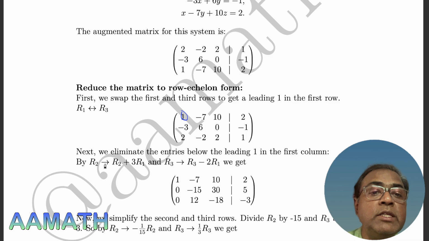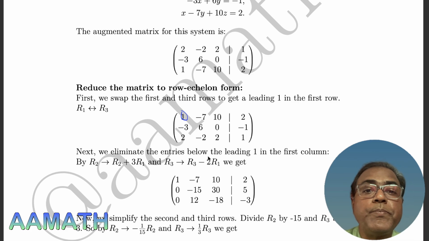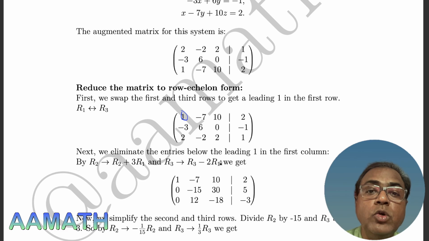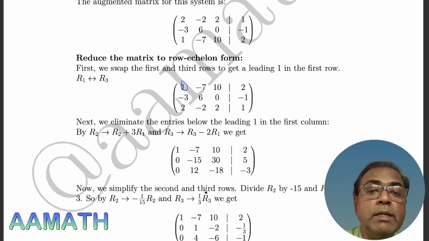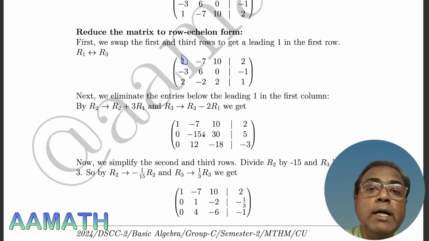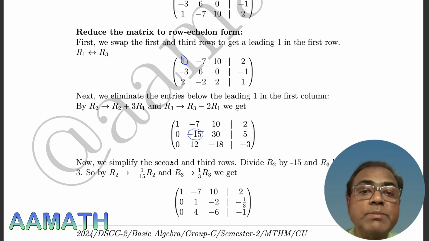So first we operate R2 equal to R2 plus 3 R1, where the right hand side is the old value of the row and the left hand side is the new value of the second row, and new R3 equal to old R3 minus 2 old R1. And we get 1 0 0 in the first column, and for the second row, the entry in the 2 2 position is minus 15.